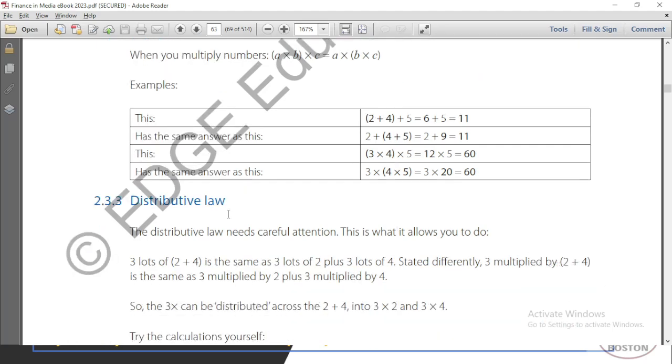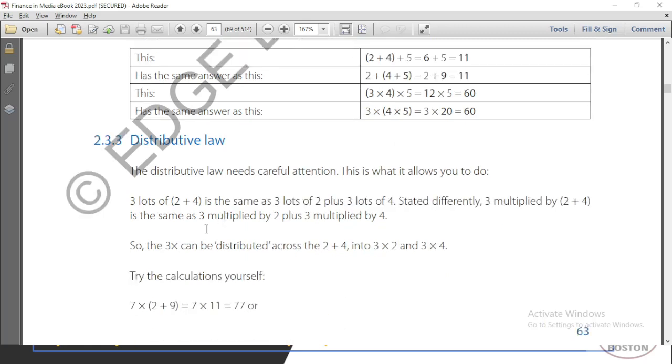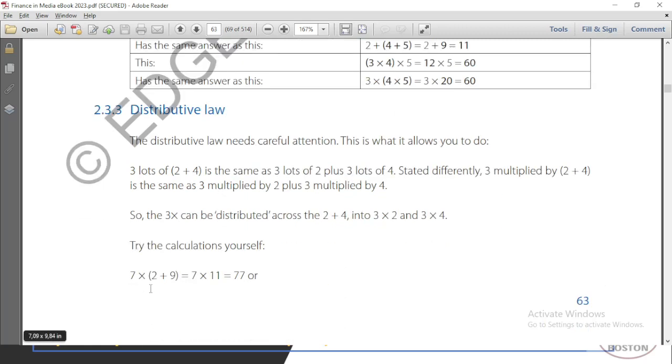And under the distributive law, they've given an example to say, if you were to say 7 multiplied by in brackets 2 plus 9, this will equal 77, because 2 plus 9 will be 11, and 11 multiplied by 7 gives us 77.